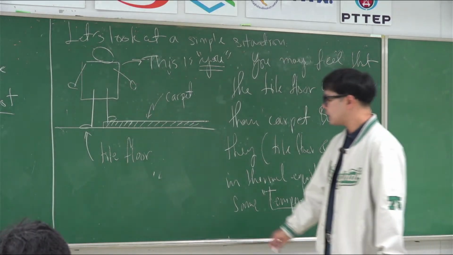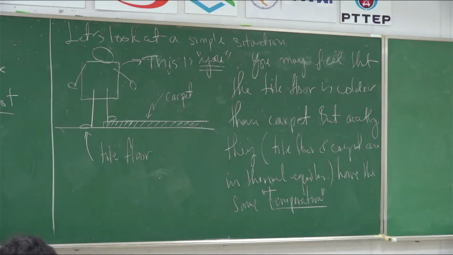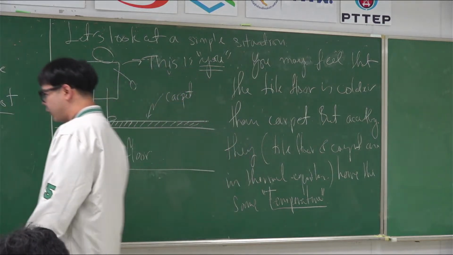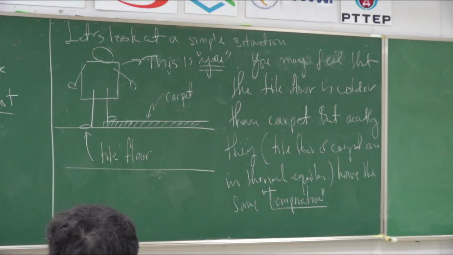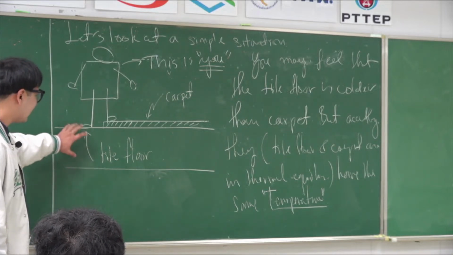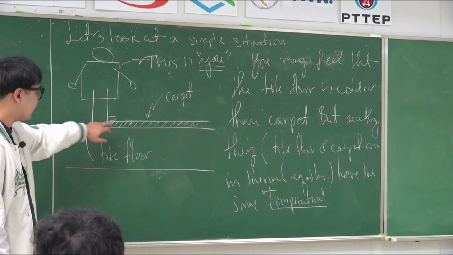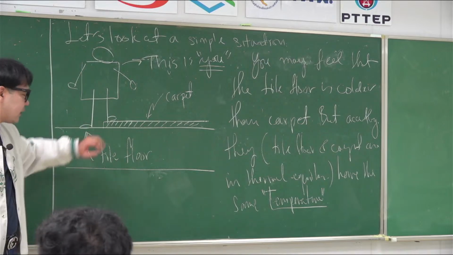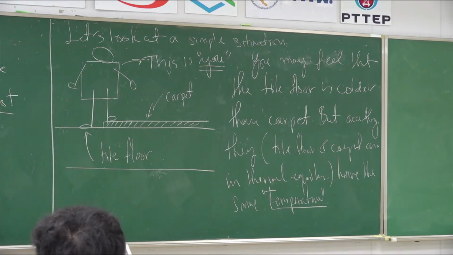So the question is, what makes you feel different, why the floor is colder than the carpet? Can you guess what is the key to make you feel different? Both of them are in thermal equilibrium. What is the key?